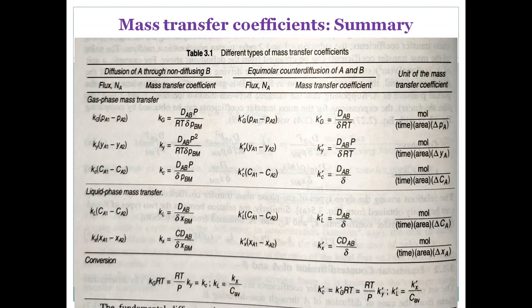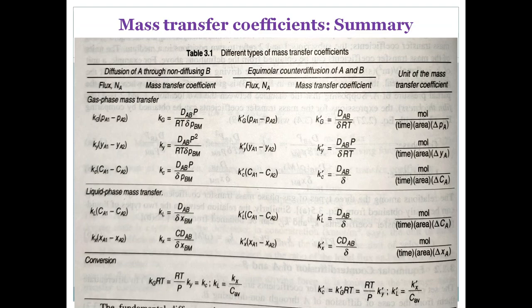They will tell you the mass transfer coefficient is 0.5 moles per time area delta C. When you see delta C, you have to understand that this is Kc. Already you know how to understand whether a problem is diffusion of A through non-diffusing B or equimolar counter diffusion; that we have already discussed.